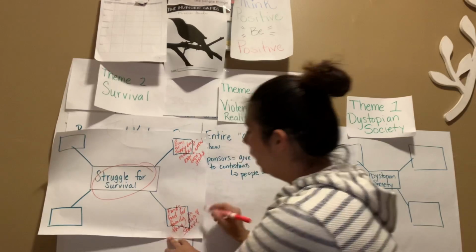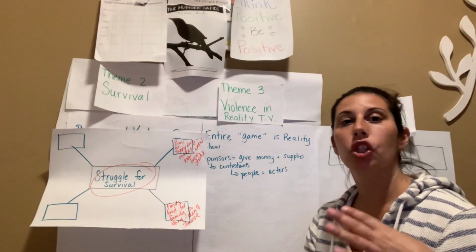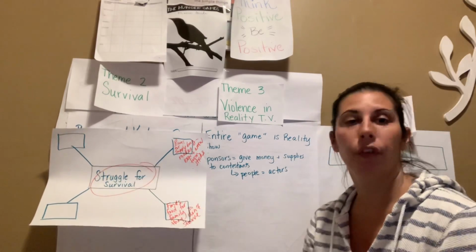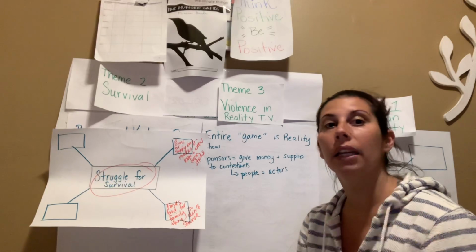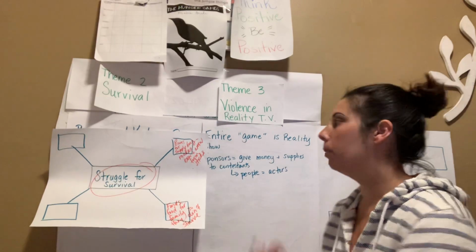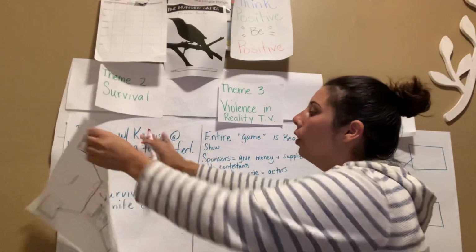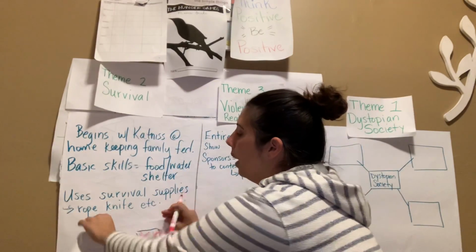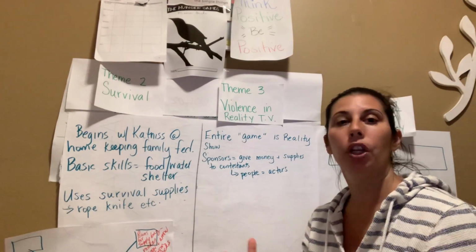So you're literally just typing in examples from the movie that show a struggle for survival. Now, it can be within Katniss, it could be within any of the characters, so that's completely up to you. Now, again, when you're doing this, you're only choosing one theme. So you don't have to do this for every single one of them, but you're going to choose your theme.